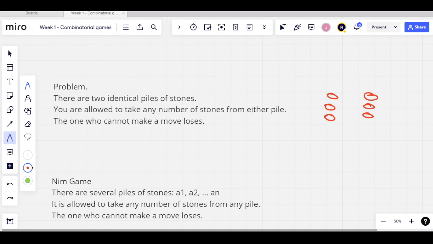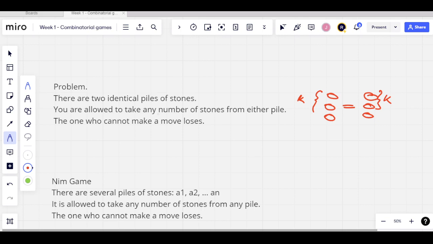And notice that we have an equal count of stones. Okay, the first player will lose. Why? Because if the first player takes k stones from one pile, the second player has to take k stones from the second pile too, and so on.